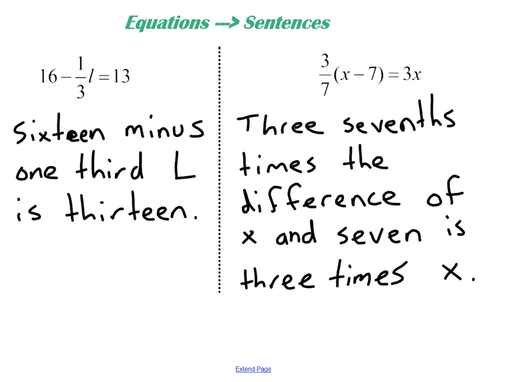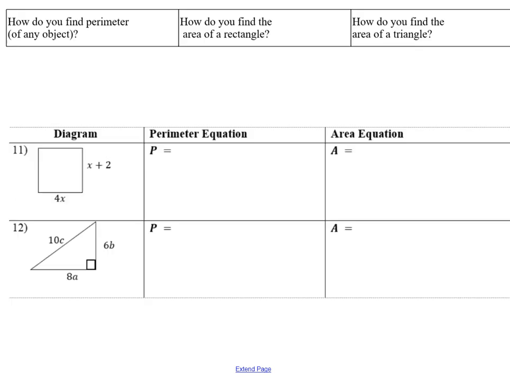Next up, we're going to go ahead and just remember what perimeter is. So how do you find the perimeter of any object? You add all sides. How do you find the area of a rectangle?